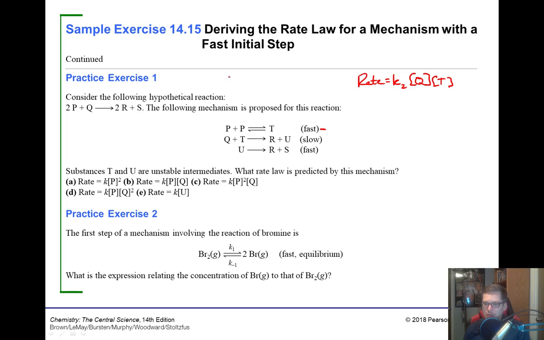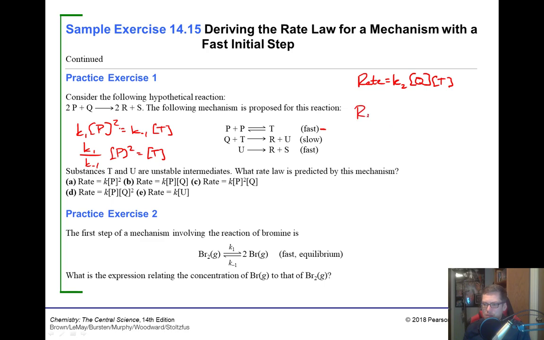So let's see, I'll do this one over here. That means K1 times P squared would be equal to K minus 1 times the concentration of T. We can divide this over, so K1 over K minus 1 times P squared is equal to the concentration of T. Now we can take this and plug it in here.